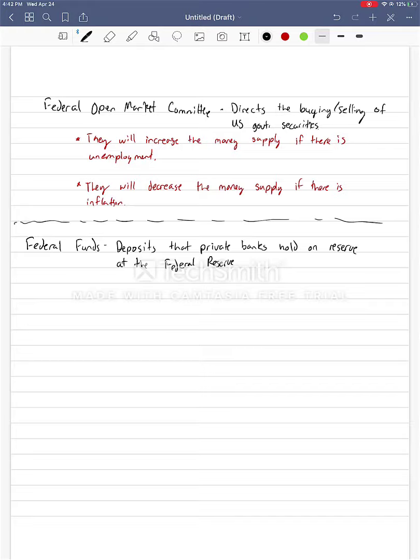Now, the word federal seems to denote that these are government funds, but in fact, they're just private funds held on deposit at a federal agency, which is the Fed.